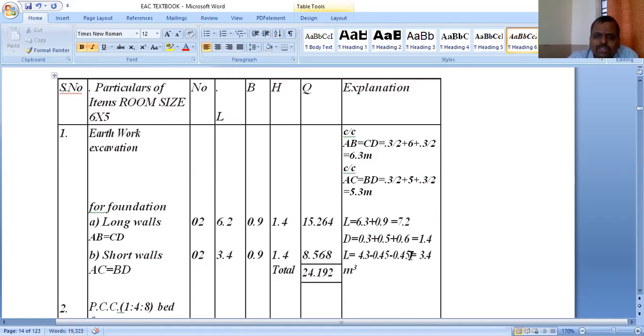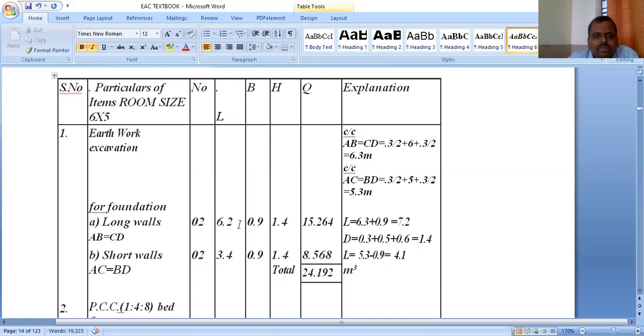The length of short wall will be center to center distance, that is 5.3 meter, minus one width of the item. One width of item is 0.9 meter and its value will be 4.1 meter respectively.